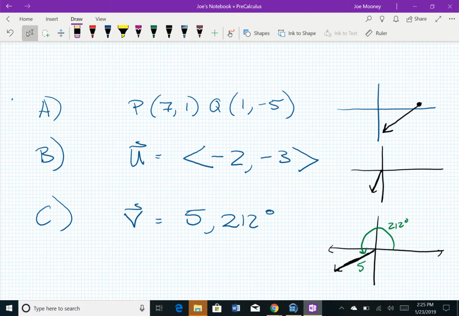Because you're left 6, down 6. Right? So from 7 to 1 is 6. So that's 6. And then from 1 to -5 is 6. So 6 squared plus 6 squared. Square root of 72.